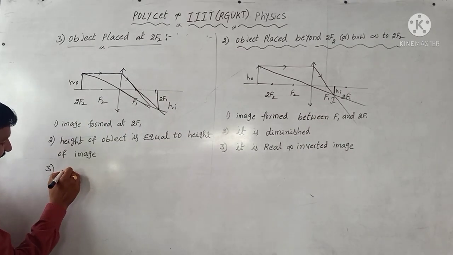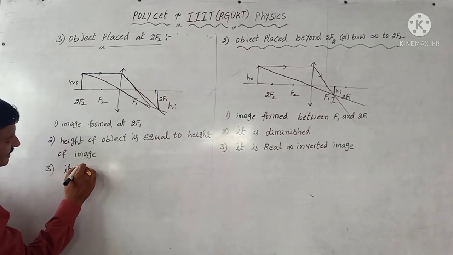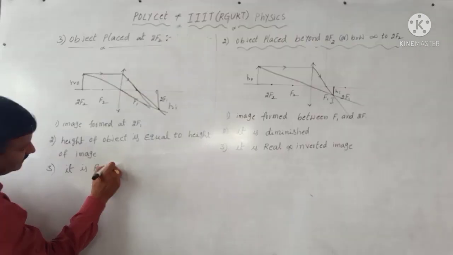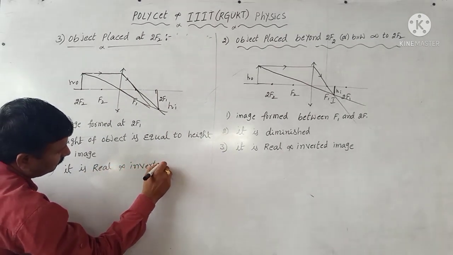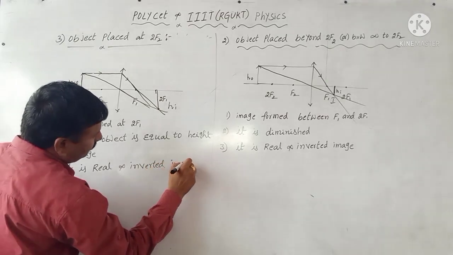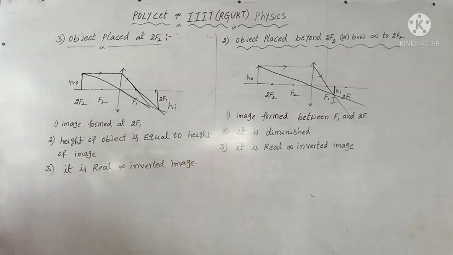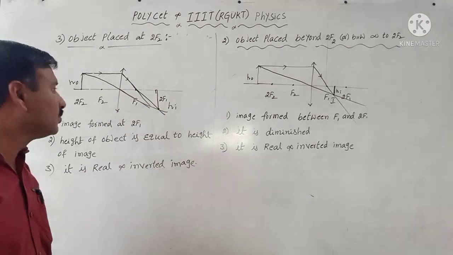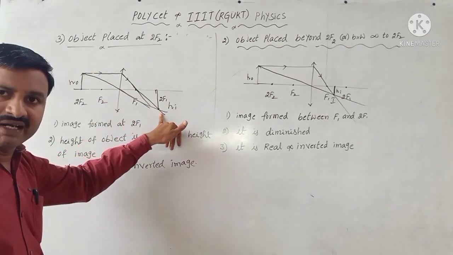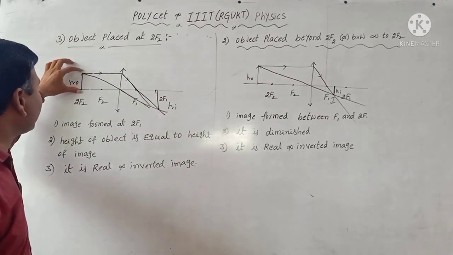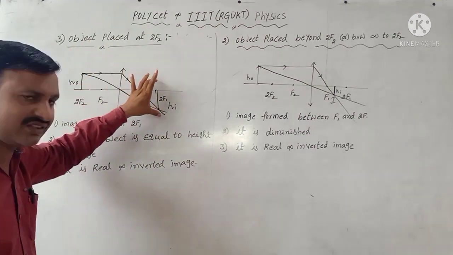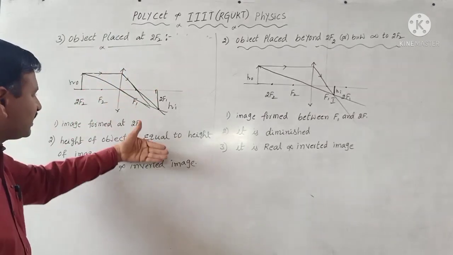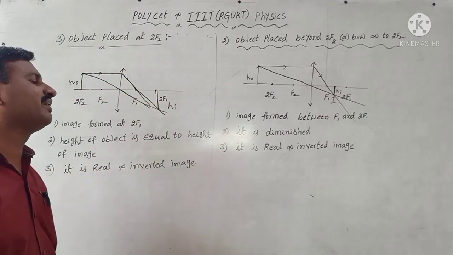So it is a real and inverted image. So object placed at 2f2, image formed at 2f1. In this situation, height of object is equal to height of image. The object and image are the same size. So it is vertically down, real and inverted.